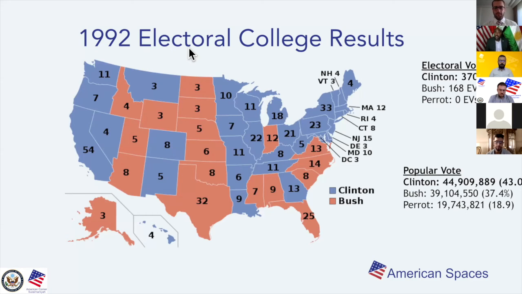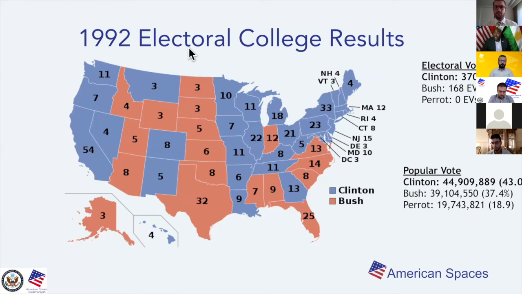And he had a lot of money to fund his own race, which was not very common at the time. He had a message that resonated a lot with voters who were disillusioned with President Bush. The economy wasn't doing very well then.